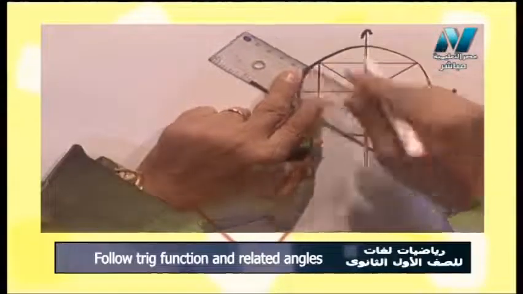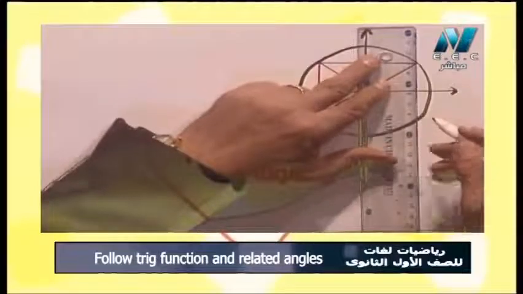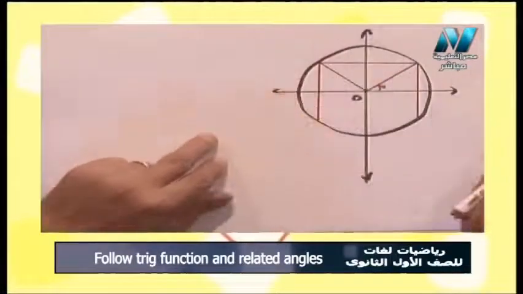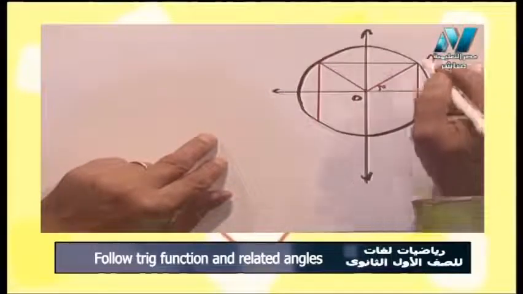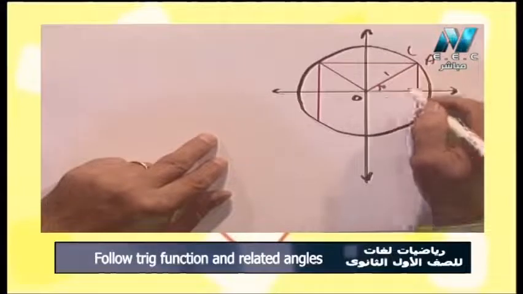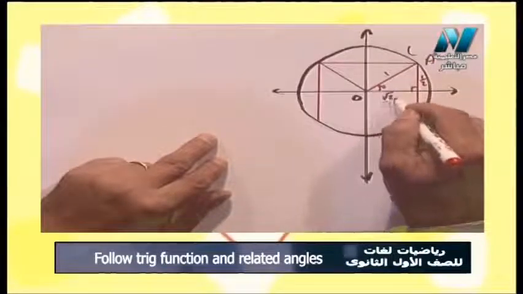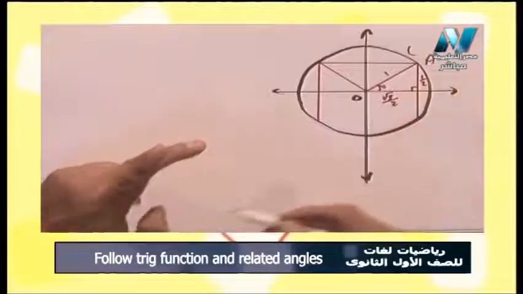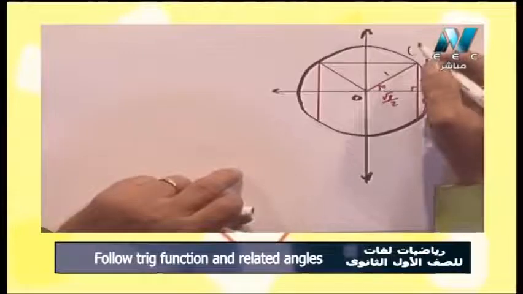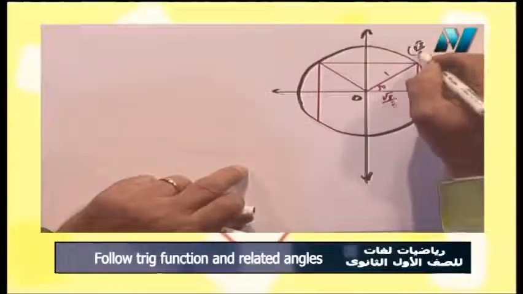If we have here a 30-degree angle, and this is a right angle triangle here, point A here is what? We know that this is 1, this is half, this is the right angle, this is root 3 over 2. Again we return to the 30 degree angle, so here it will be root 3 over 2 and half.